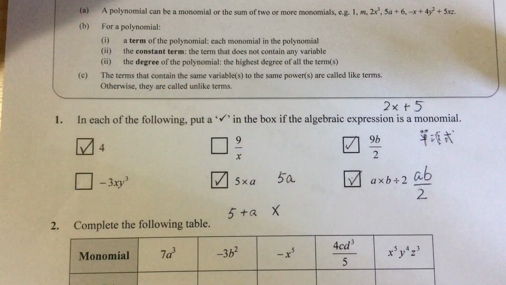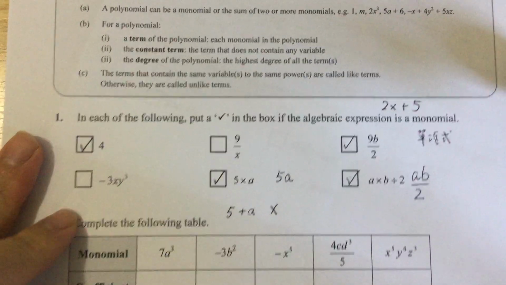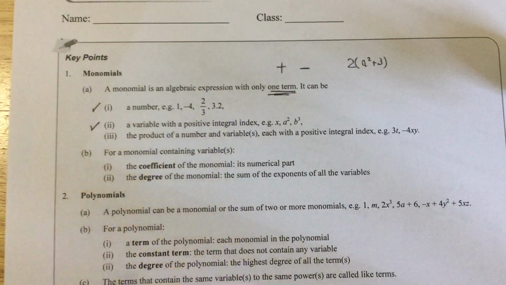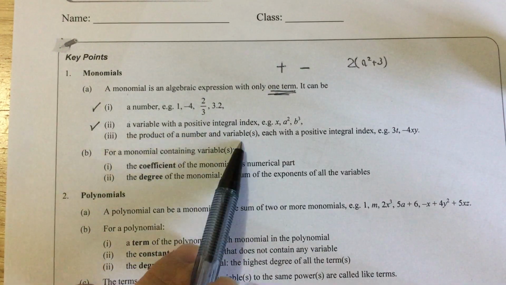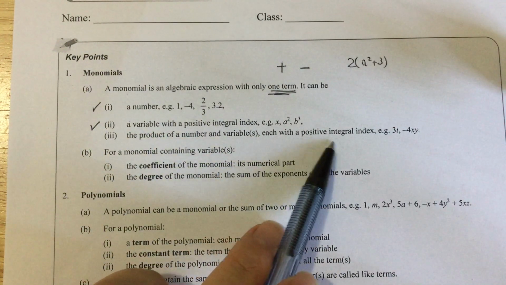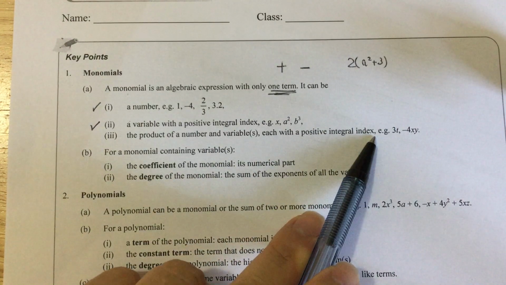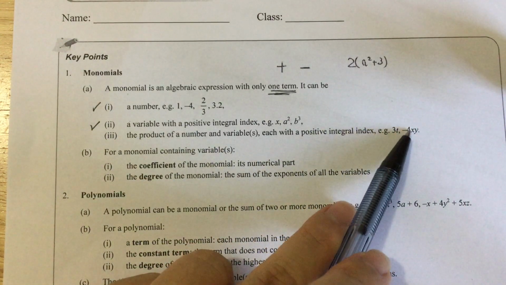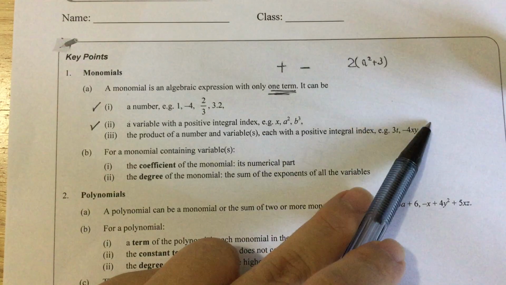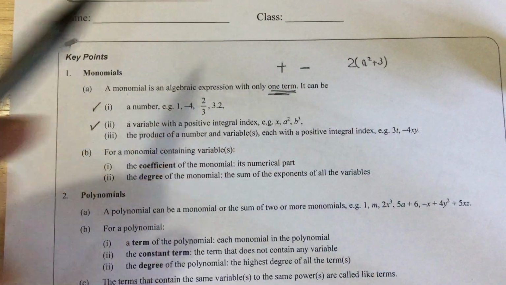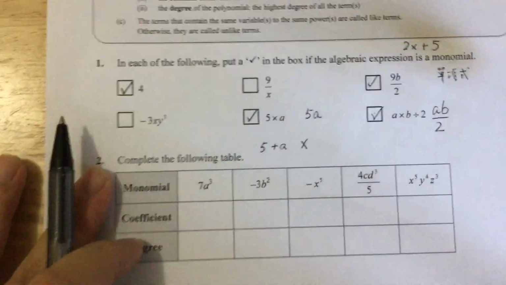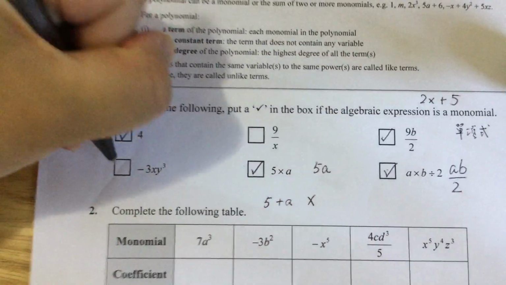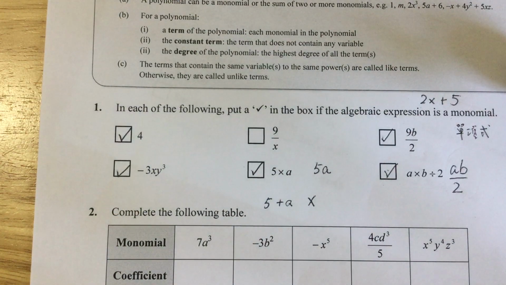Okay, now let's look at the definition of the third one. You will see the product of a number and variables, each with a positive integral index. So you have two unknowns together, but both of them have positive integral indices. So we can say this one is also a monomial.